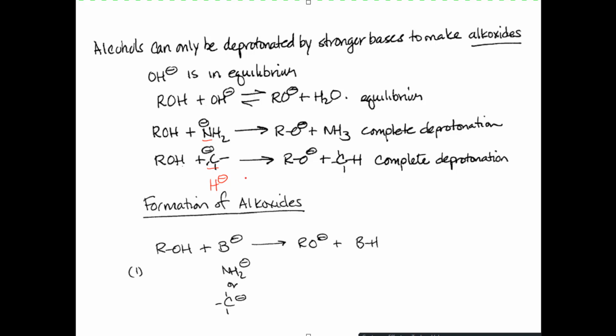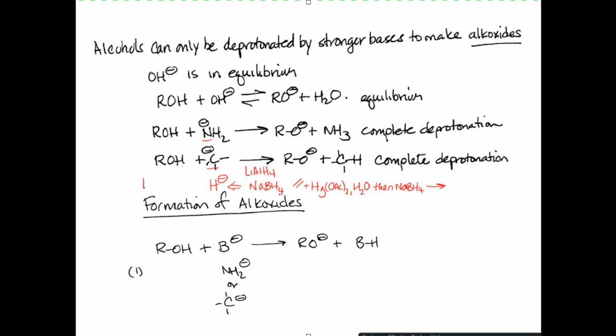H minus, there are lots of sources of H minus. We have talked about using NaBH4, primarily when we were doing the mercuration. Remember, we could react a carbon-carbon double bond with mercury and water, and then we added sodium borohydride to that reaction. So sodium borohydride is a source of H minus, and we'll talk a little bit more about that. There's also a stronger source of H minus, which is called lithium aluminum hydride.